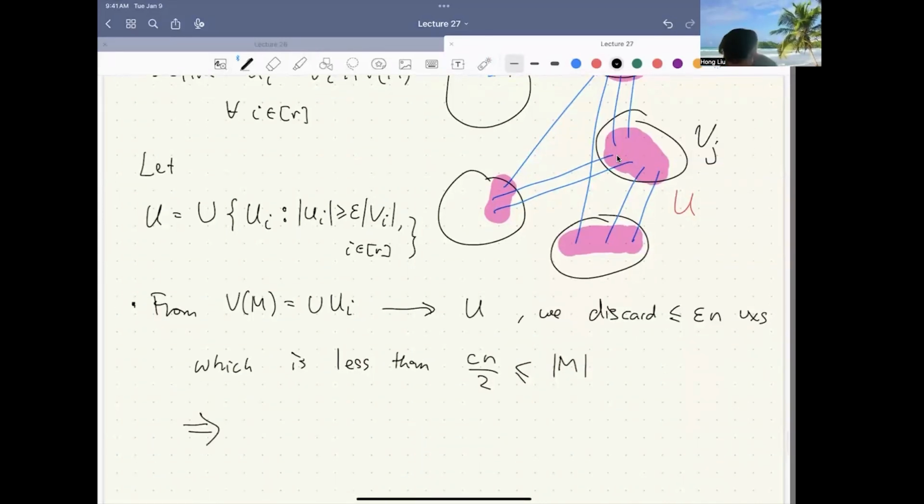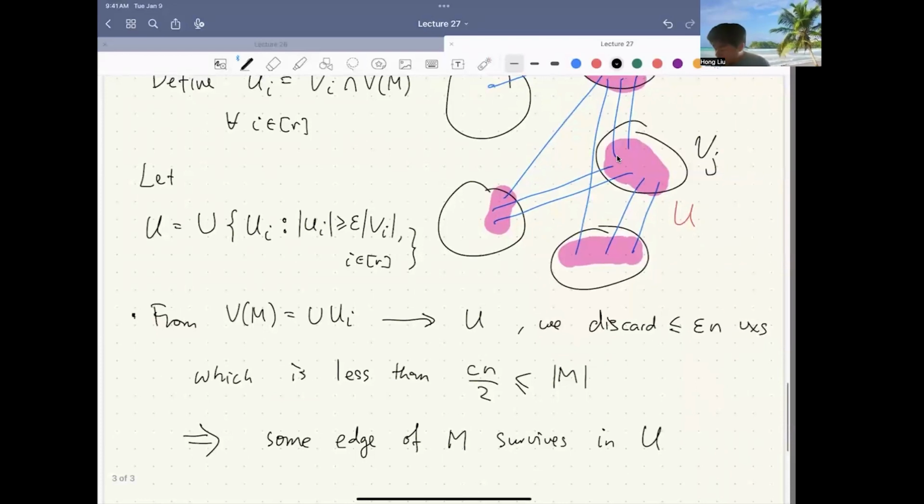This implies that some edge of M survives in U.